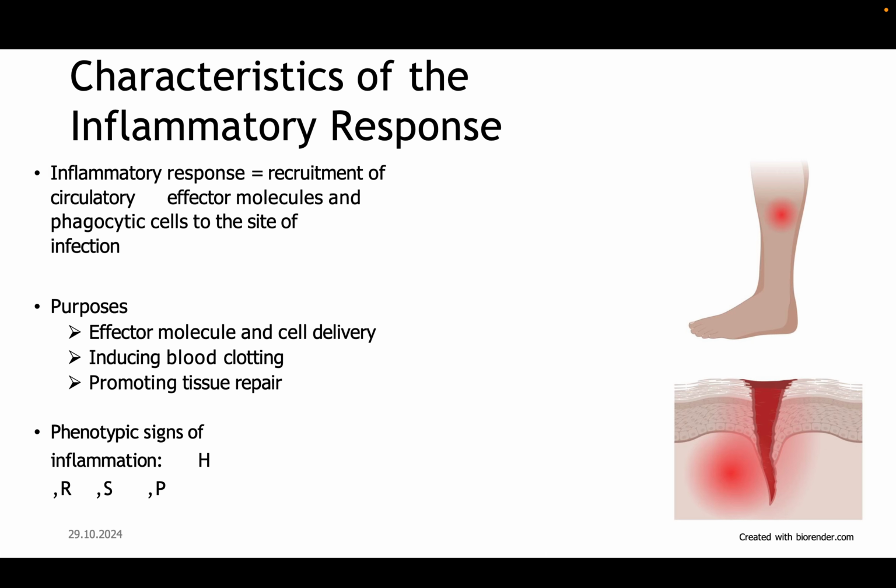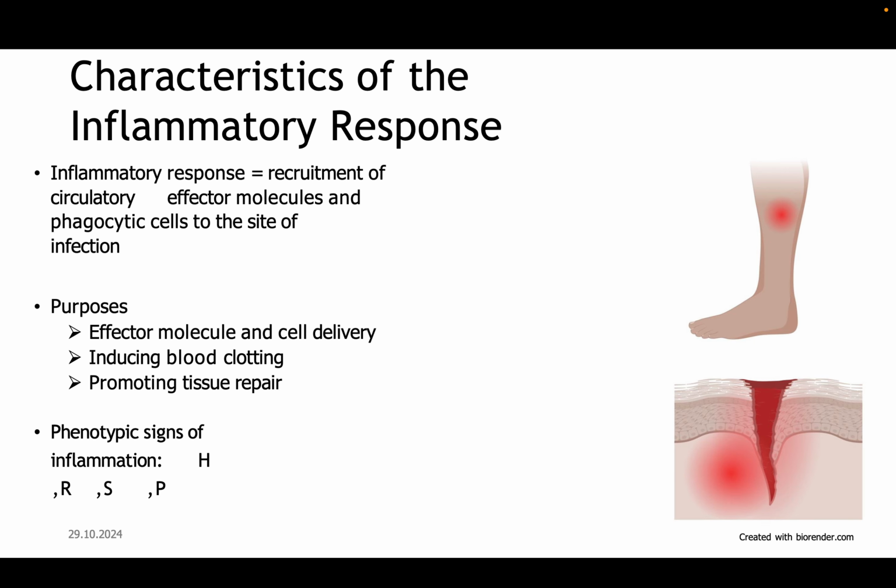So inflammation is a response that is able to recruit effector molecules and phagocytic cells to the site of infection. What happens in general is something has penetrated into us. For example, you have a wound where bacteria are now suddenly able to cross the skin barrier into our tissues and blood. And this is extremely dangerous because now we are under attack.